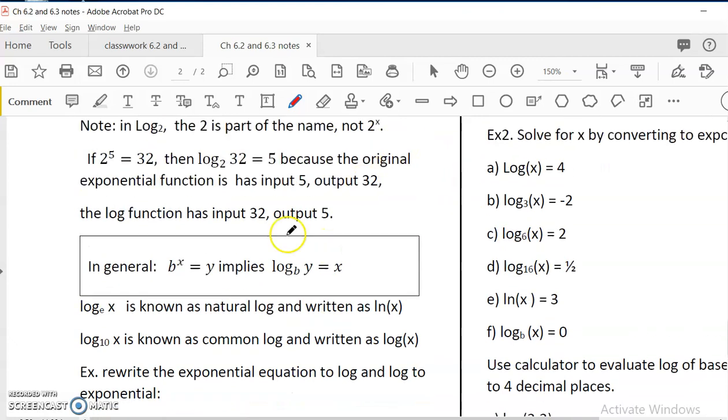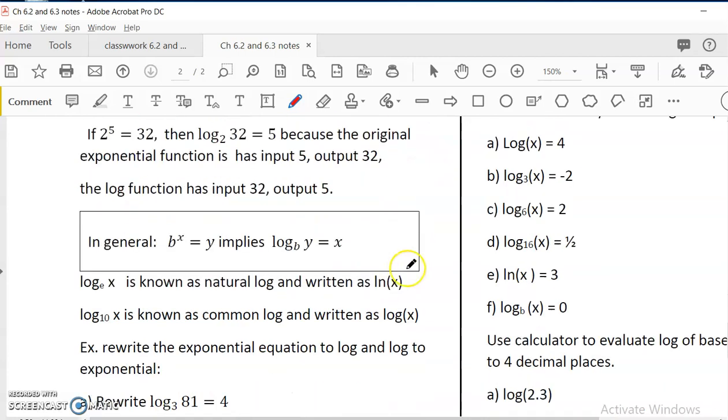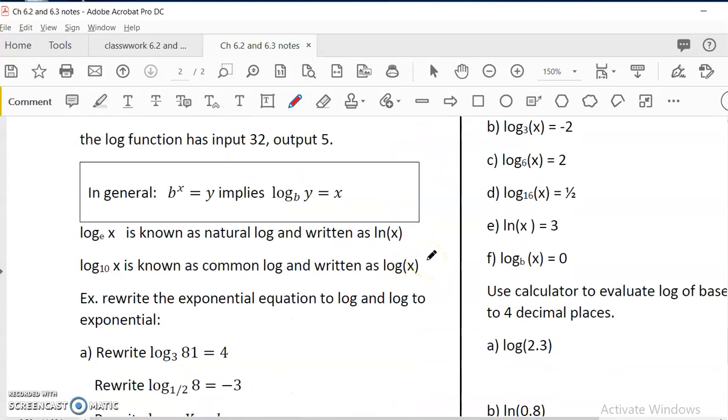This is what I talked about: if 2 to the 5 equals 32, then log base 2 of 32 equals 5. The original exponential function has input 5 and output 32, while the log function has input 32 and output 5. In general, if I have an exponential expression b to the x equals y, then with the same base, which determines the name of the log, log base b of y gives me the exponent back, equal to x.